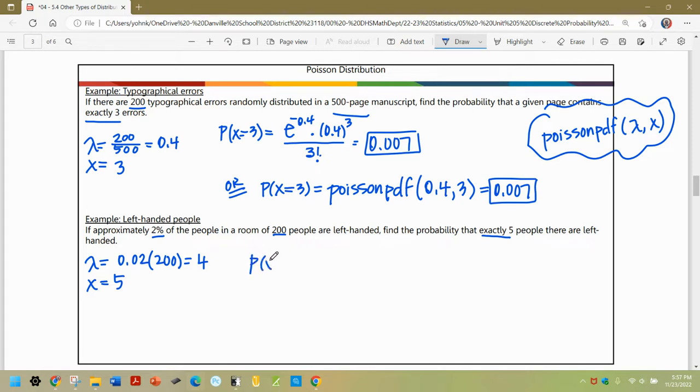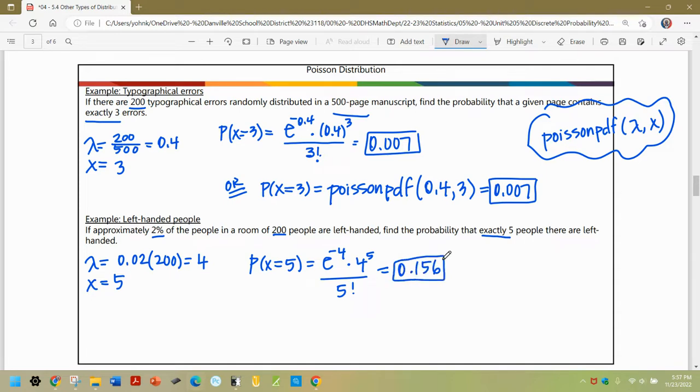So I can find the probability that x equals 5 by doing e to the negative 4 times 4 to the 5th power over 5 factorial. If I type this into my calculator, I get 0.156.